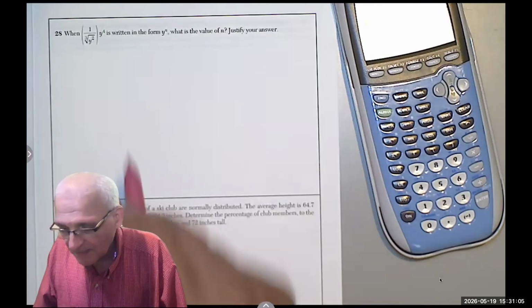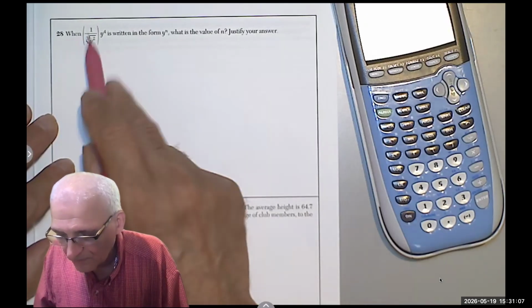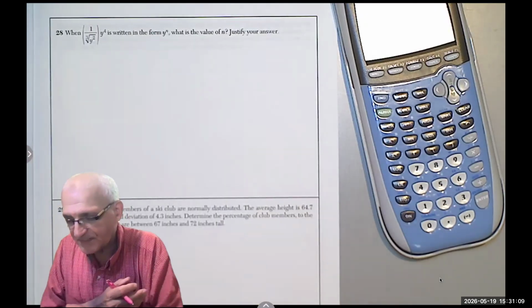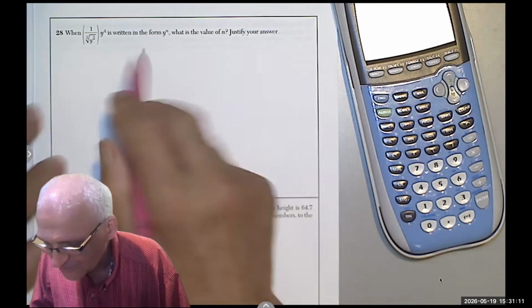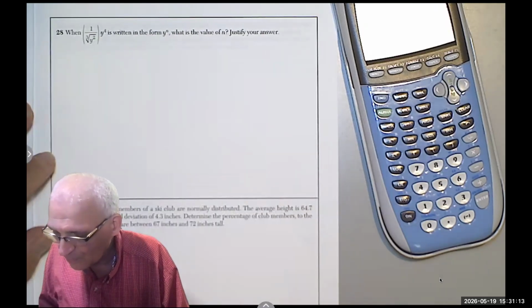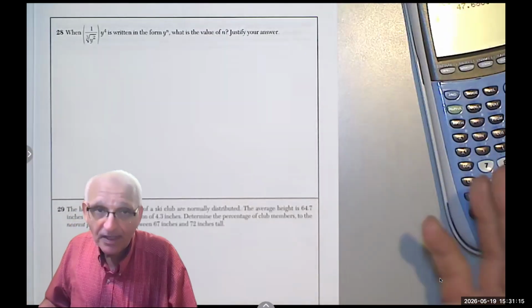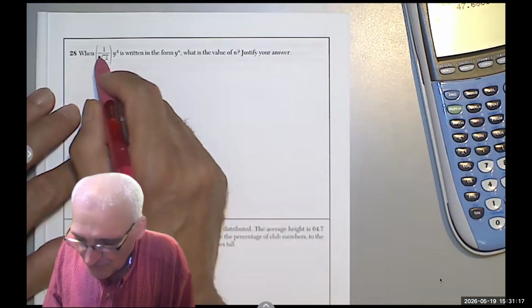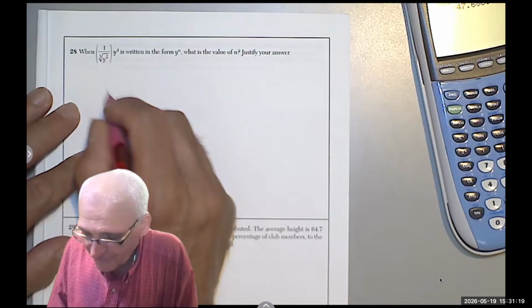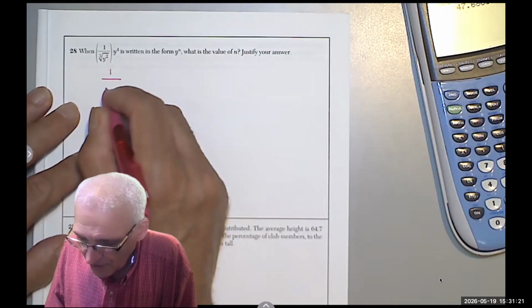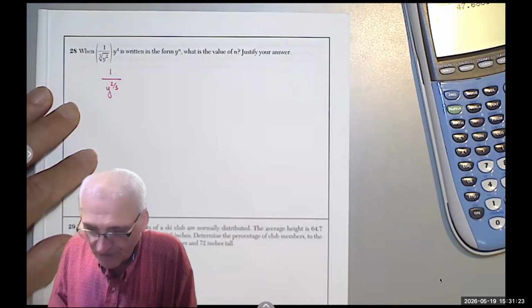Number 28. When 1 over the cube root of y squared times y to the 4th is written in the form y to the n, what is the value of n? Okay, so let's do that. First of all, if I write that as a fraction, it's 1 over y to the 2/3, right?